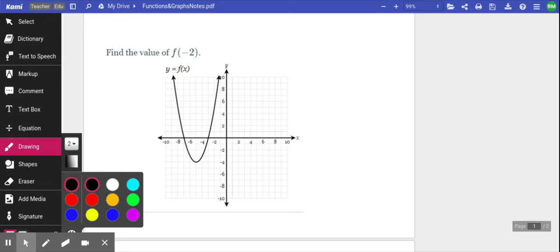Right, you're going to go up from -2 until you hit the graph. Good, go on to Delta Math.